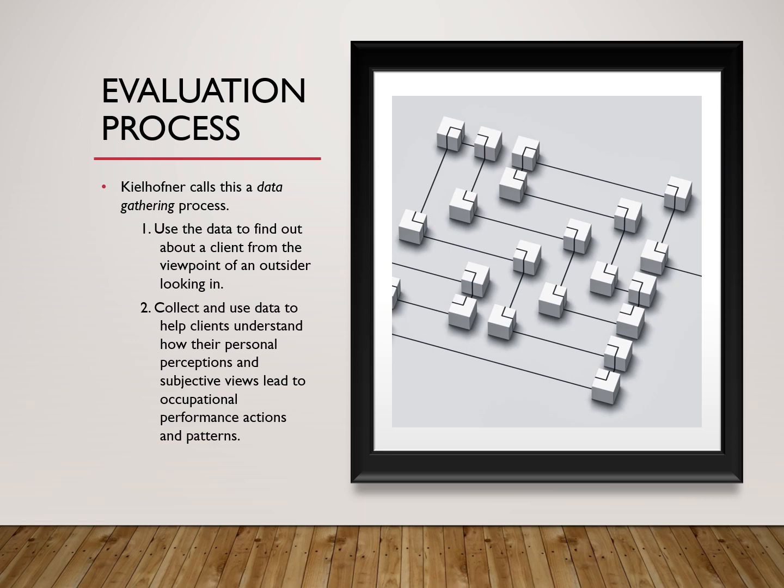We use the data to find out about a client from the viewpoint of an outsider looking in. So we are gathering data about this client. We collect and use the data to help clients understand how their personal perceptions and subjective views lead to occupational performance, actions, and patterns.